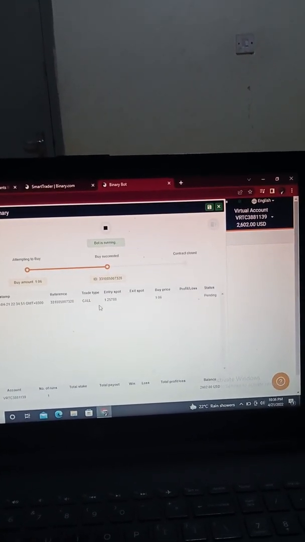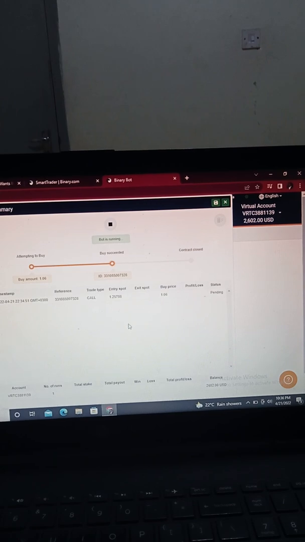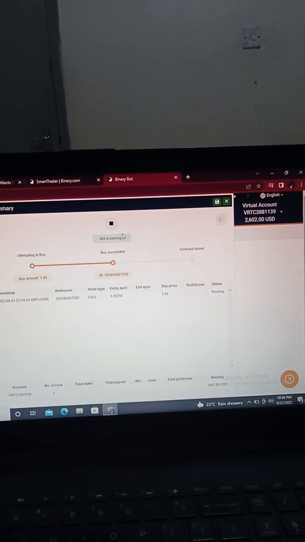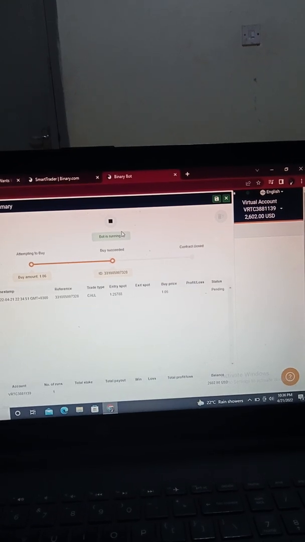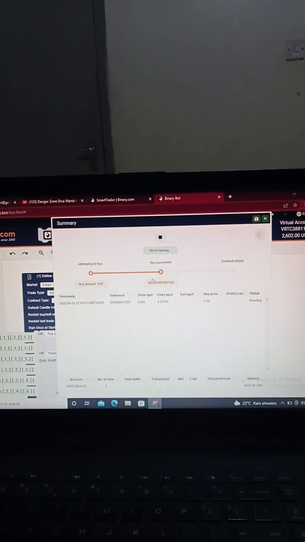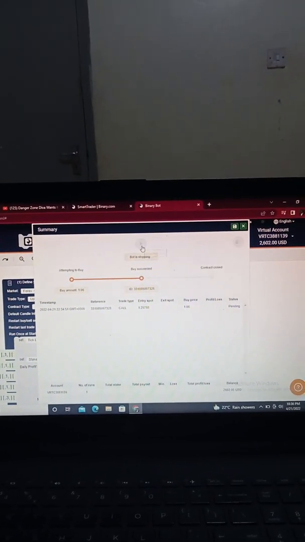Well, I've tried this bot many a time before. If it takes longer, you may change your trading market. Should we choose the synthetics? Let's choose the synthetics.